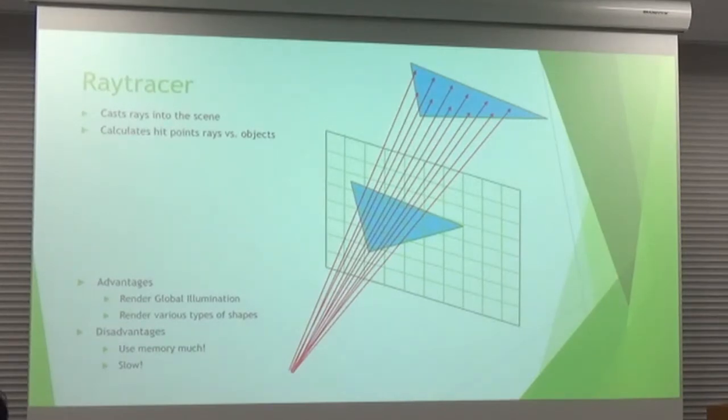The disadvantage is that it also uses much more memory than rasterizers, because a ray tracer stores all the scene information in memory. It uses too much memory, and so rendering speed is slower than rasterizers.